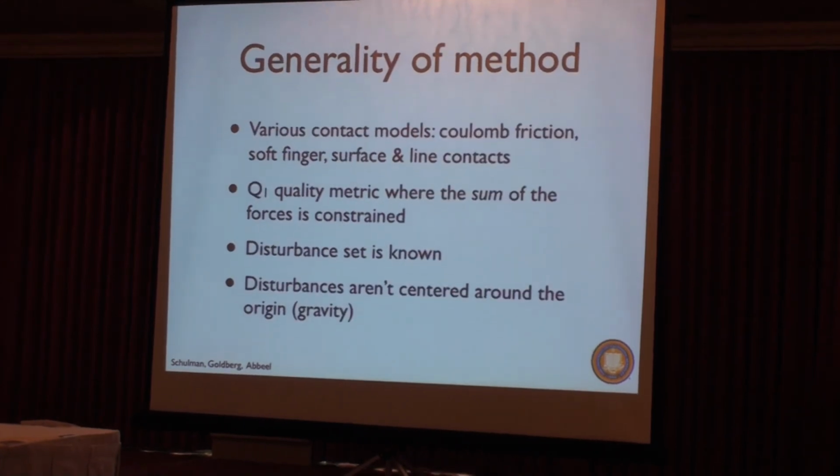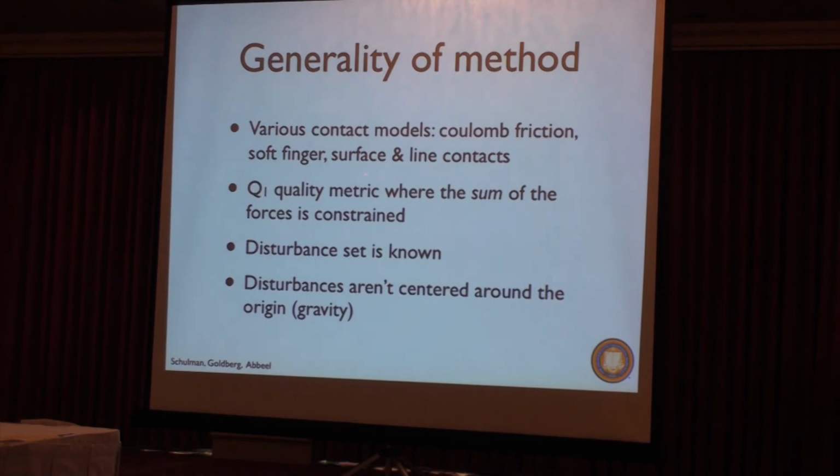Here I've just shown examples in 2 dimensions for illustration, but this method is well suited for 3-dimensional objects and various contact models where your contacts have Coulomb friction or soft finger contacts, or if you're selecting among surface or line contacts.